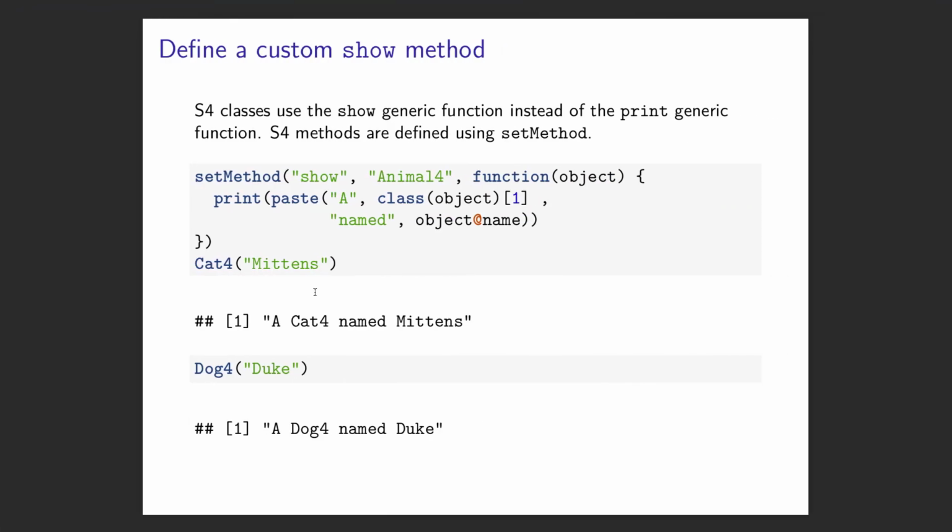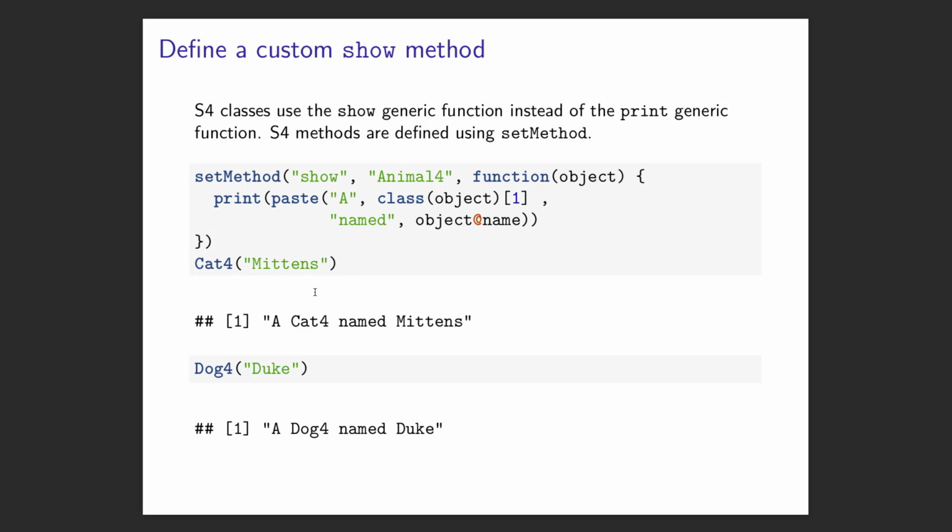The way we can do that is through a call to setMethod. The first argument there is the name of the generic function we want to define, that's show. Then we give it the signature, so that's essentially a vector with the names of the classes that this method will be called for when show is called with those objects.